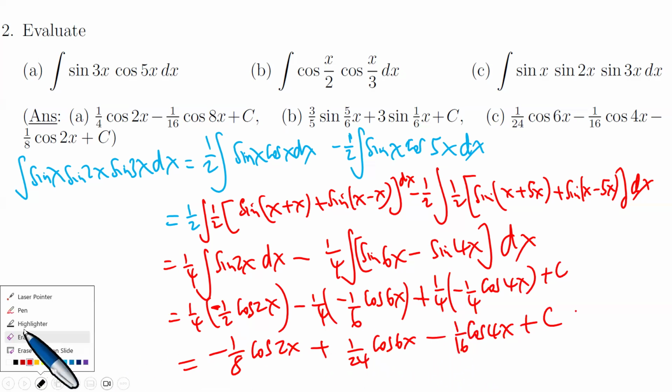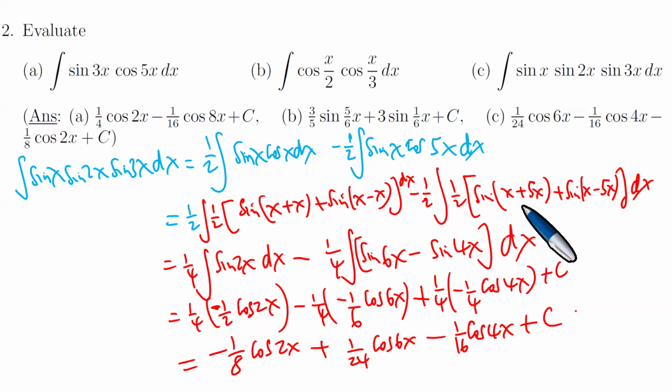So that in the end, we have 1/24 cosine 6x minus 1/16 cosine 4x minus 1/8 cosine 2x plus c. Right, so that will be the answer to part C, and we've got exactly the same answer. So check that out and make sure you understand that.